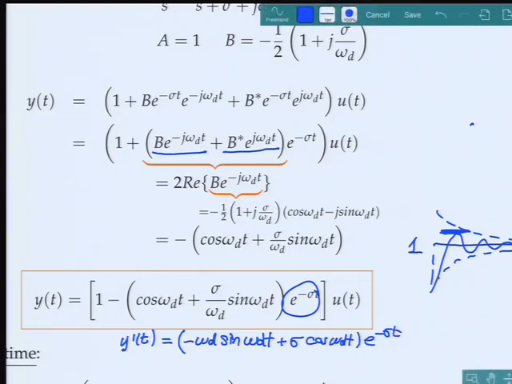Now, we have a product of two terms. So what rule is it called? It's the multiplication rule, I guess. The second one will be, I'm also forgetting the negative sign here, I guess. The second one will be sigma e to the negative sigma t, which is the derivative of this, multiplying cosine omega d t, sigma by omega d sine omega d t. Sign errors are highly likely here, so fortunately the notes should be correct.